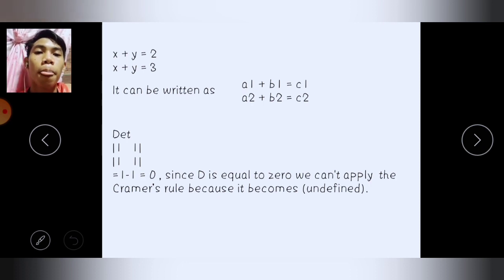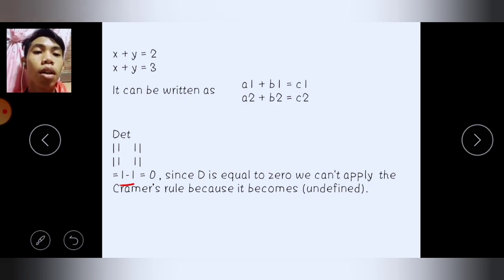So first cross multiply. 1 times 1 is equal to 1, then 1 times 1 is equal also to 1. There's no negative sign here, so just put the minus sign. So 1 minus 1 is equal to 0.